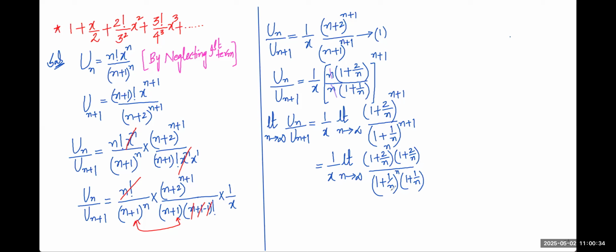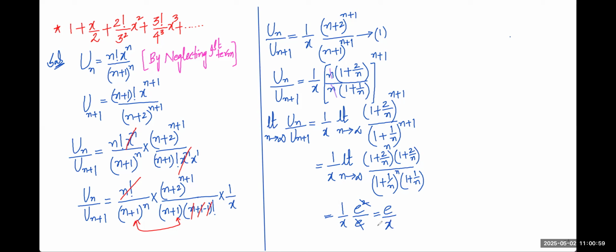Applying the limit, the numerator value becomes e square into 1. So finally we get 1 by x times e square by e. The 1s cancel, and the answer is e by x.